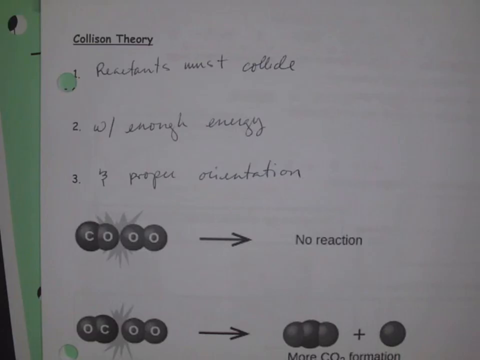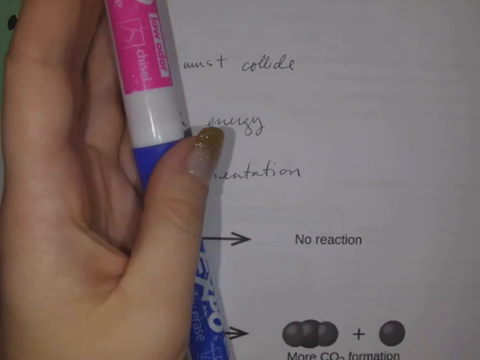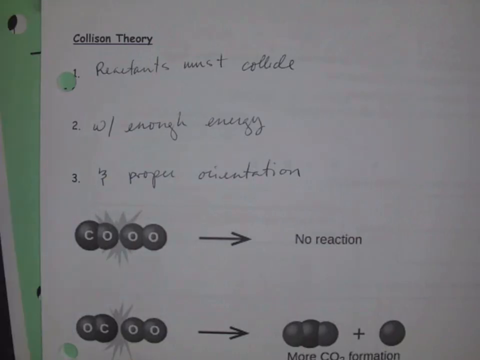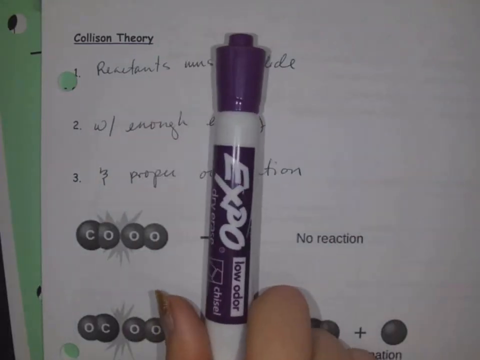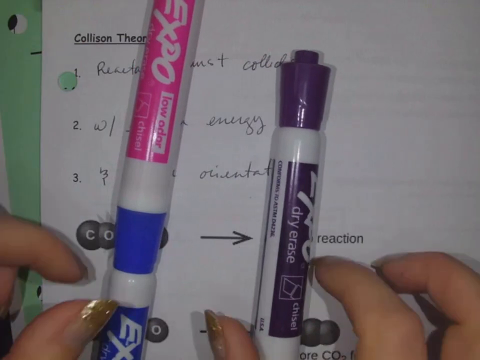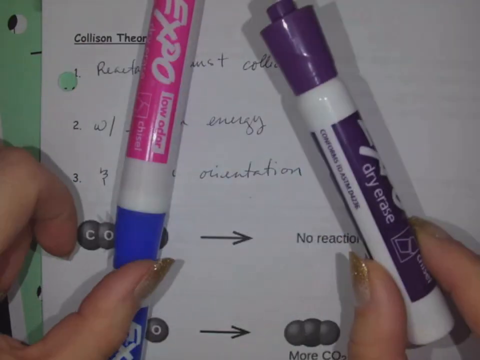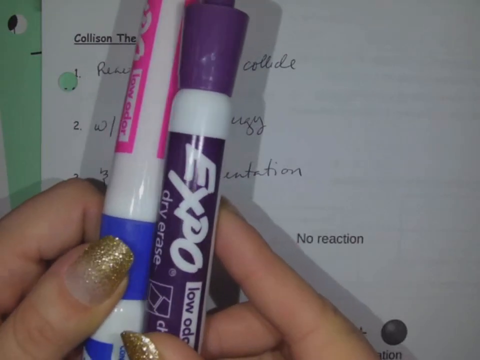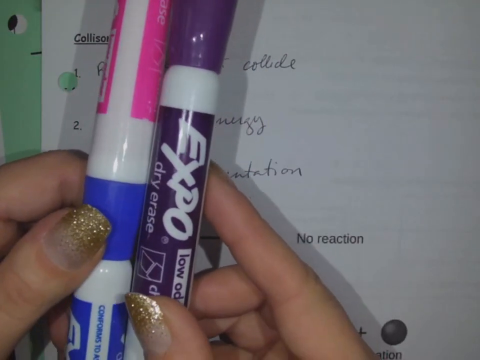Here's what I mean. Let me grab some markers. Let's say we want a reaction to occur between these two reactants. As they're moving around, they have to actually collide with each other. But a collision alone is not enough. They have to collide with enough energy.